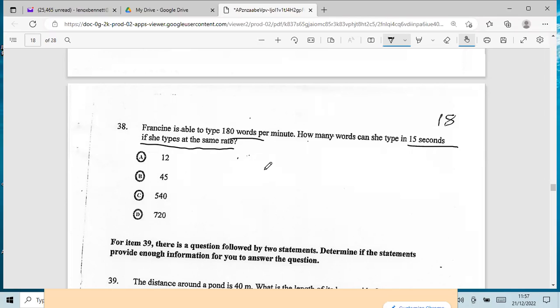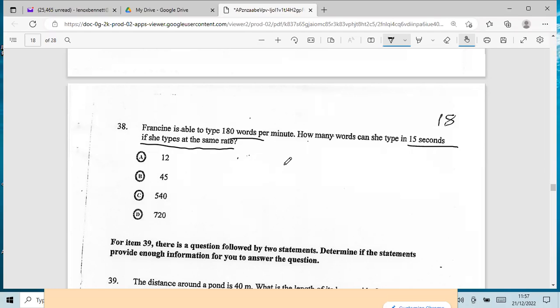Sir, first I did 15 times 180. Then the answer that I got, I divided it by 60 and I got 45. Okay. All right. 45 is correct.